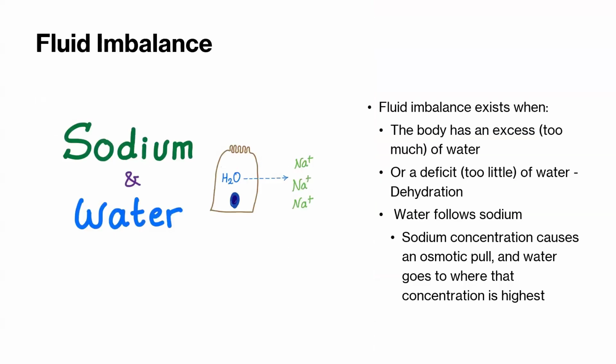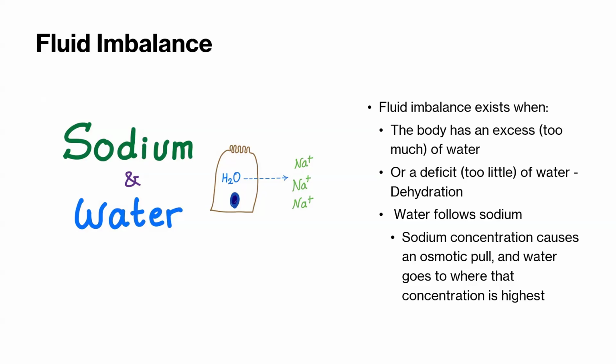Fluid imbalance exists when the body has an excess, too much water, or a deficit, too little water, which is what we call dehydration. Water always will follow sodium. So if sodium is highly concentrated outside a cell, meaning there's a lot of sodium outside a cell and there's water within that cell, the water is going to be pulled out of the cell.